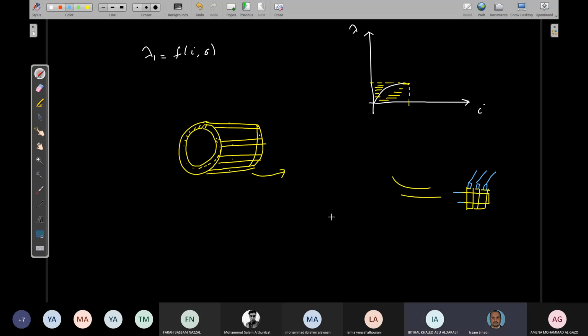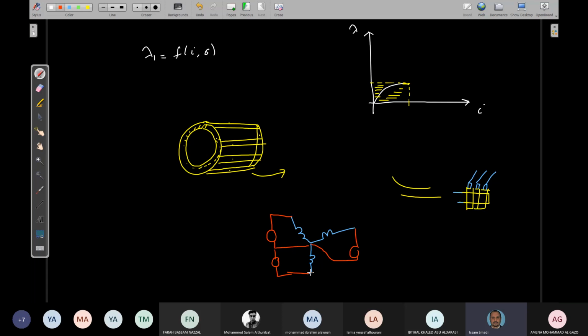Now the same thing if you have phase A, phase B, and phase C. Now let's assume you are connecting a voltage. If you are connecting a voltage here, this will be a voltage. If you are connecting a voltage here, this will be a voltage.